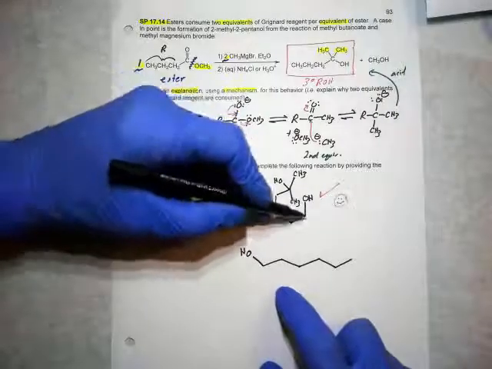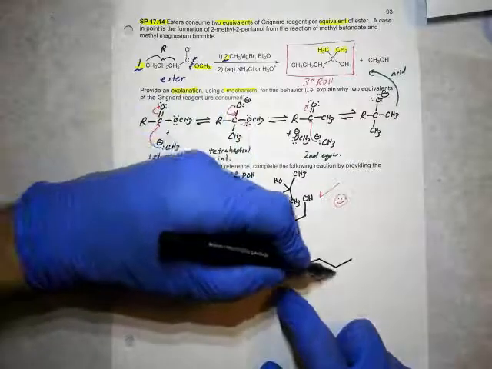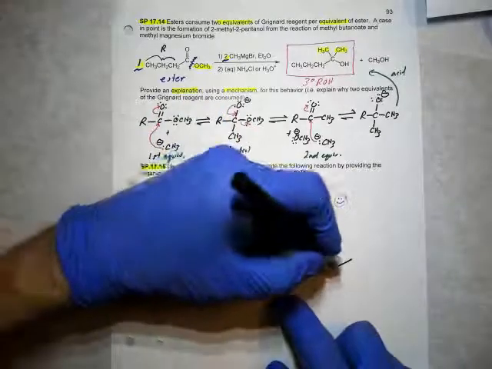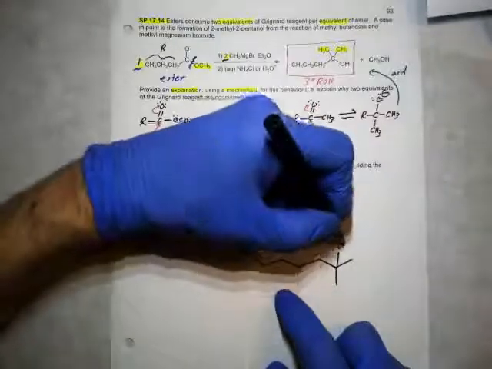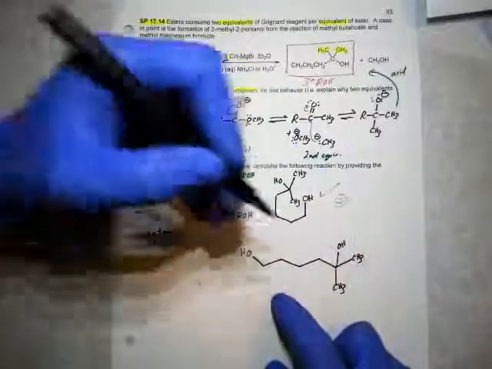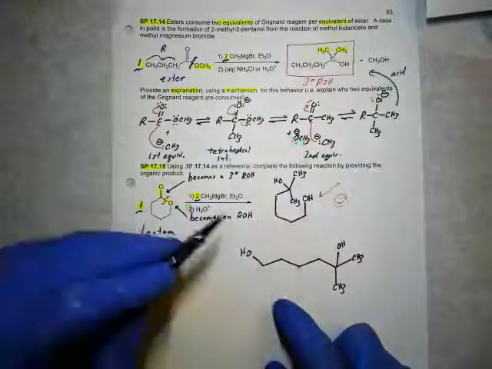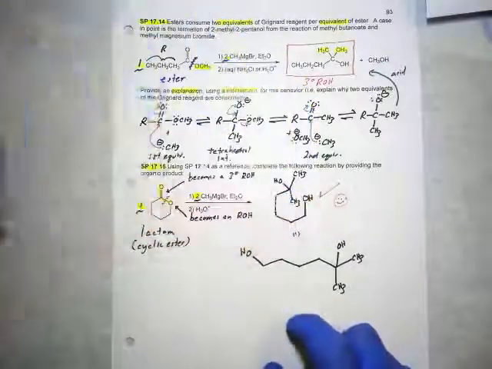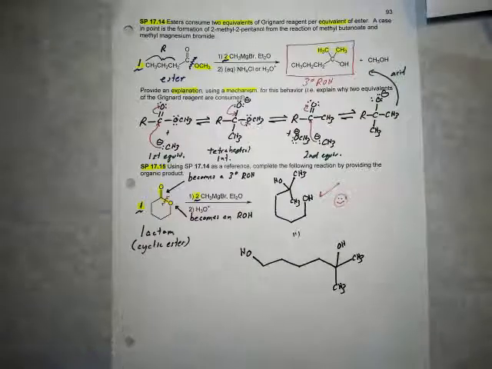So we number over 1, 2, 3, 4, 5, and at position 5 we have another methyl group, and then there's an OH. And I'll go ahead and explicitly make these into CH3s. Did I do that right? Let me see. 1, 2, 3, 4, 1, 2, 3, 4. Yep, we got it. Either way you want to do that is fine with me, so long as what we have there has the right atoms and right connectivity.